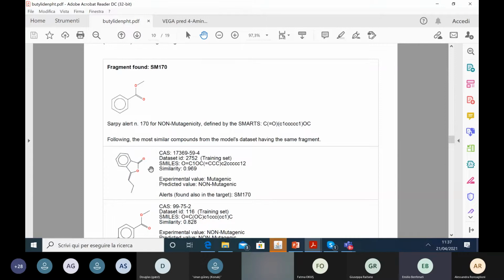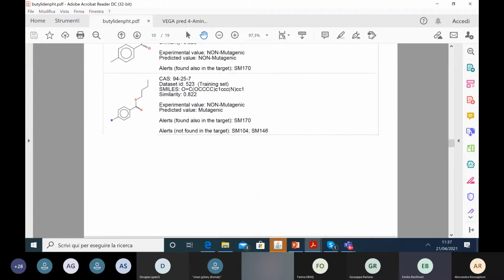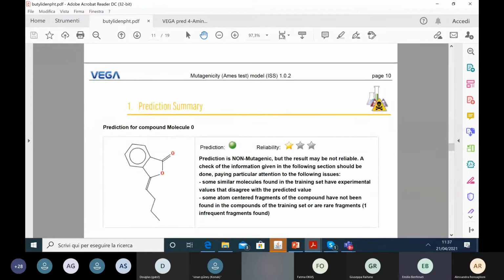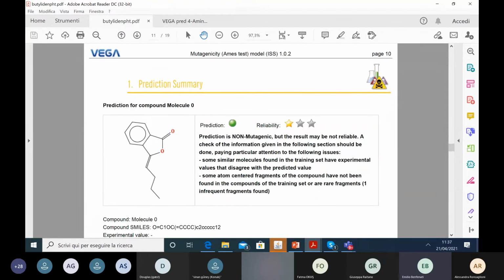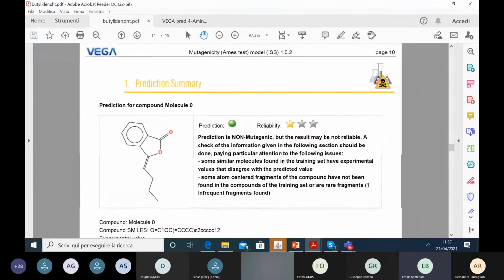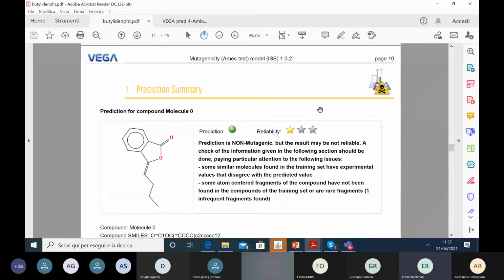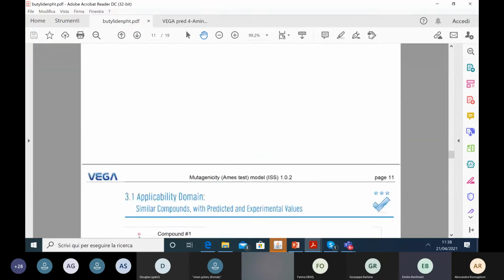I have a very different evidence, and so I disregard it. The reliability in this case of this fragment is lower. This is a model, the Benigni-Bossa model from Istituto Superiore di Sanità in ToxTree, again stating non-mutagenic.